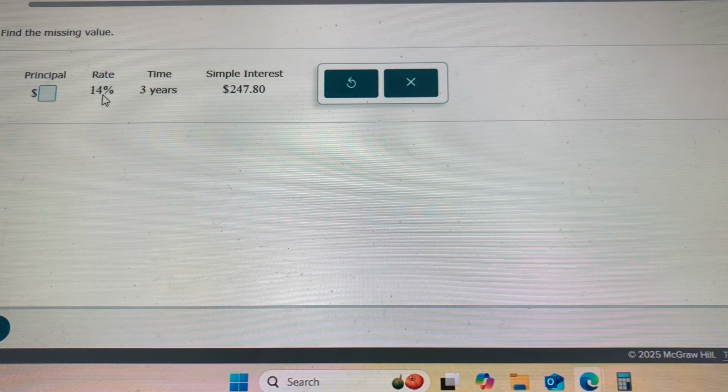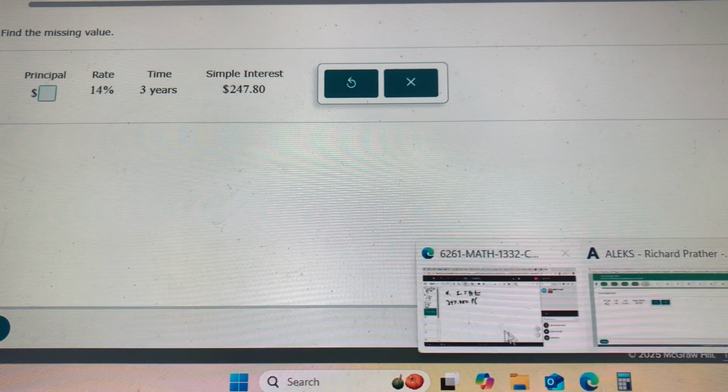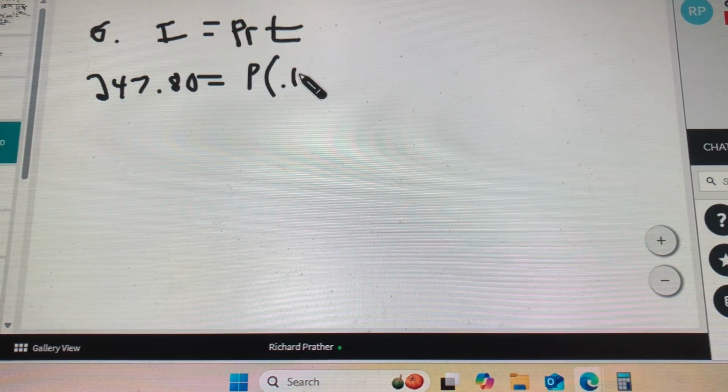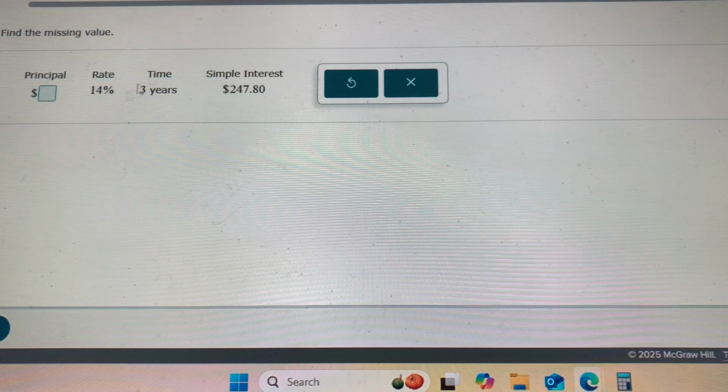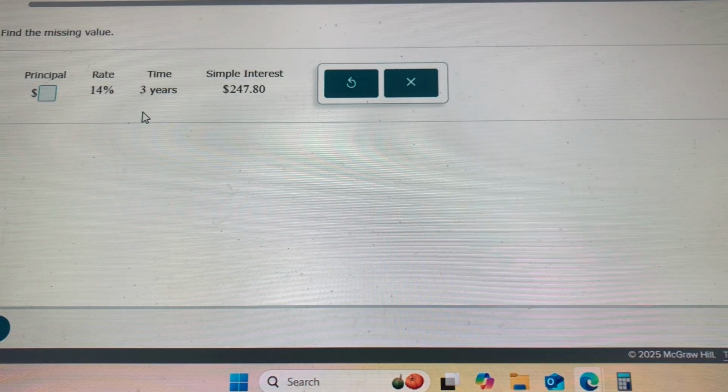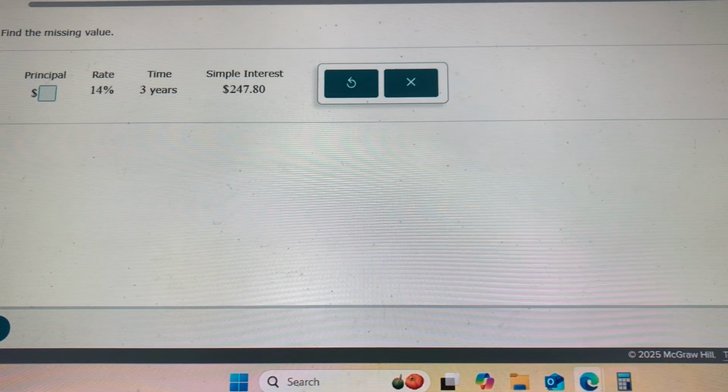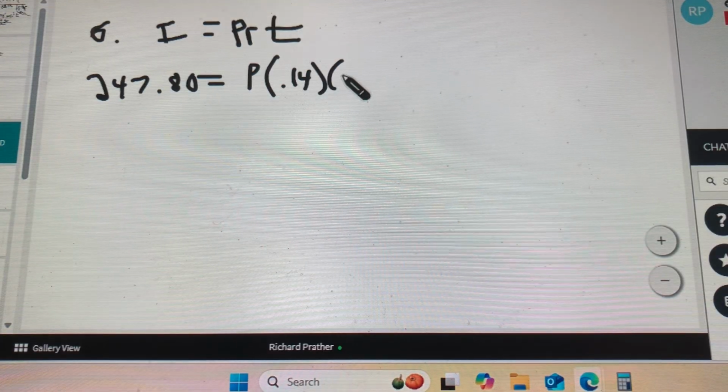Remember, when there's no decimal, it's in the back, so move it over twice and you'll get 0.14. 0.14 for the rate. And then hopefully the time is in years, which they've all been so far, but we might see one coming up soon where it's not in years, and then I'll show you what to do if that happens. So this one's luckily in years, 3 years.